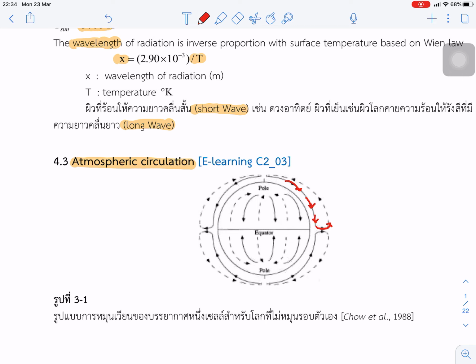So it makes a circulation of the air, which comes back to the pole, and similarly from the South Pole. In this case, the Earth has no rotation.